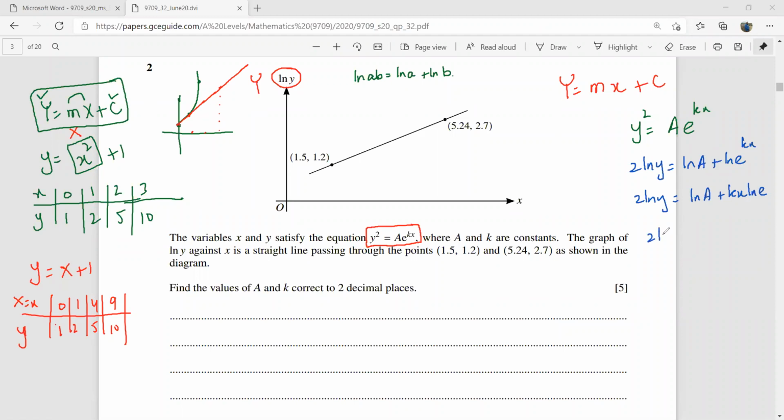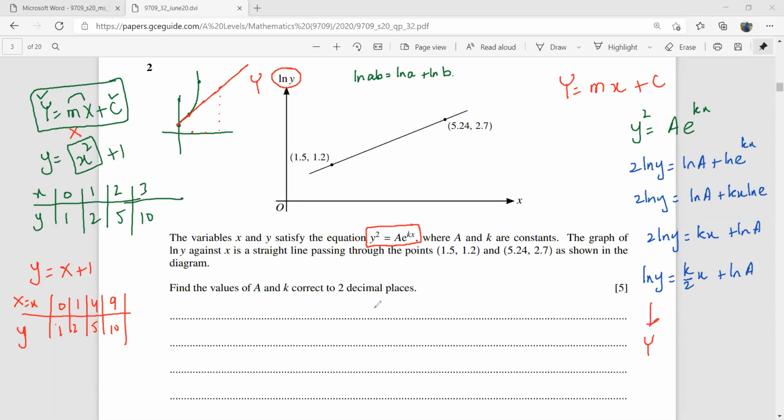So this is 2 ln y, and I'm just going to write it as kx plus ln A. And let's divide both sides by 2, so that you have ln y over here. This ln y is going to be k over 2 x, plus ln A. Now, guys, this one is going to be your Y.